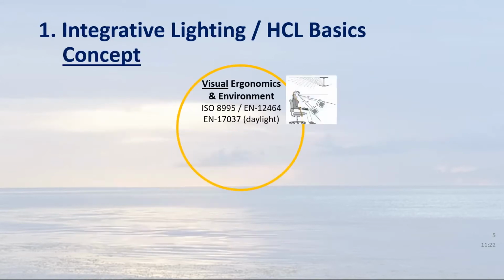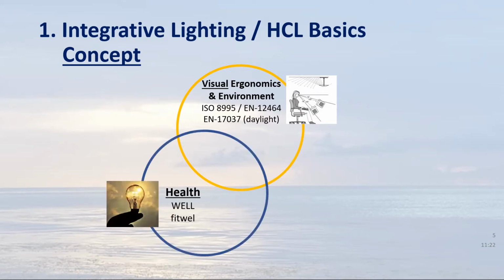Going into a visual concept of what is human-centric lighting or integrative lighting, first we have to consider the visual ergonomics and the environment, and we have a couple of regulations here that have been in place for a few years already. Daylight was introduced a couple of years ago.